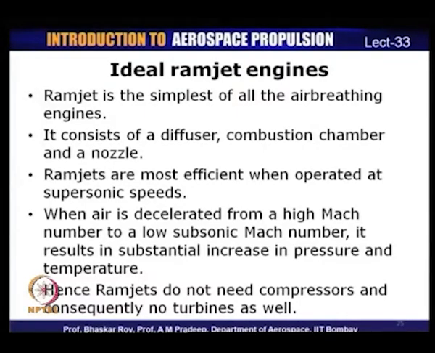In fact, the peak efficiency of a ramjet occurs around a Mach number of 2.5, and beyond that Mach number the ramjet efficiency also starts dropping. We have already seen that when air is decelerated from a very high Mach number to a very low subsonic Mach number, this leads to a substantial increase in the pressure and temperature.